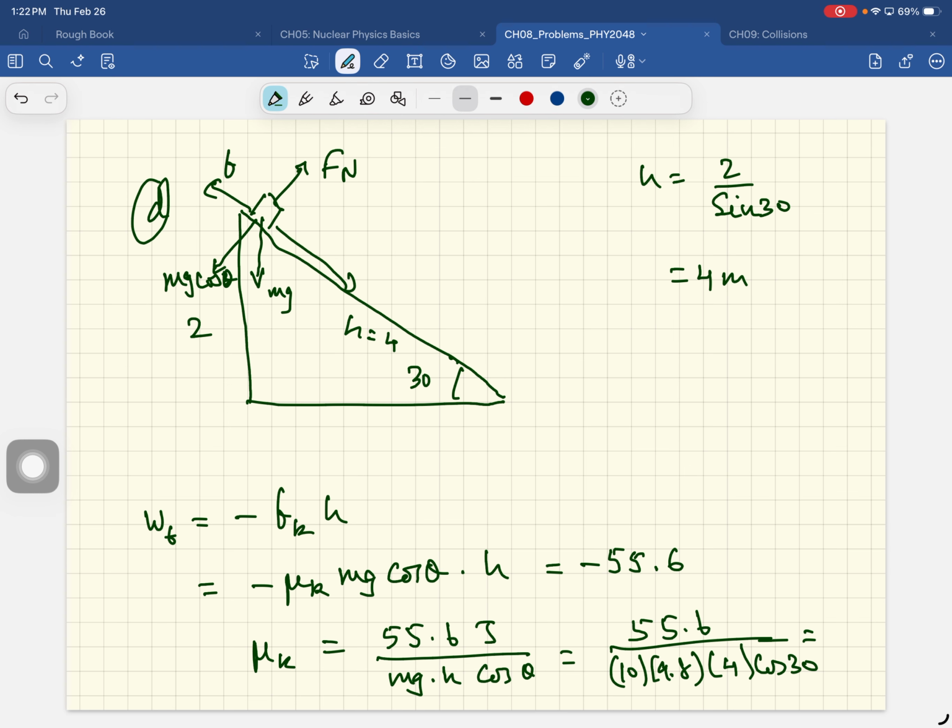What value can mu k take? Any positive value. Very good. You're batting 1,000, my friend.